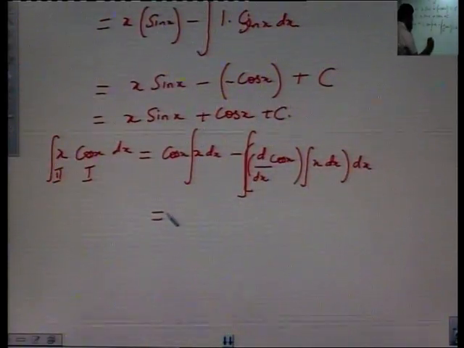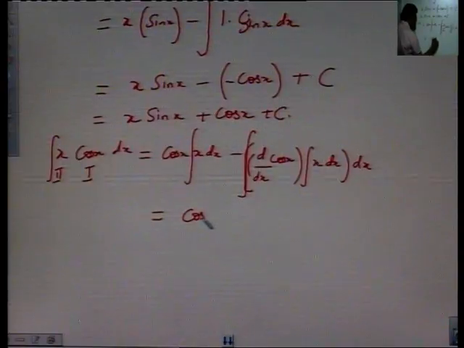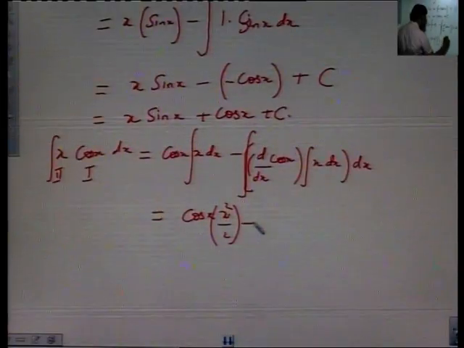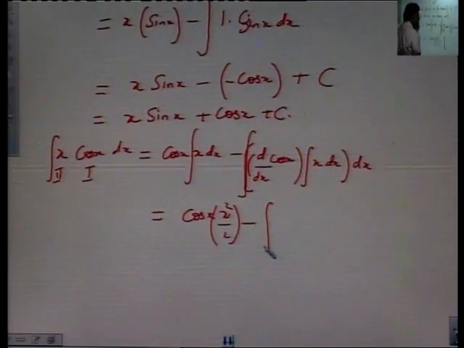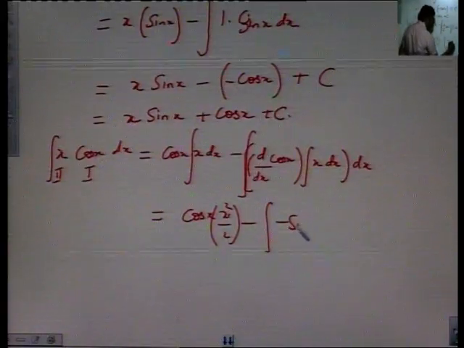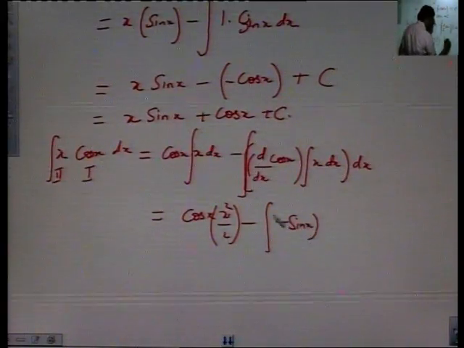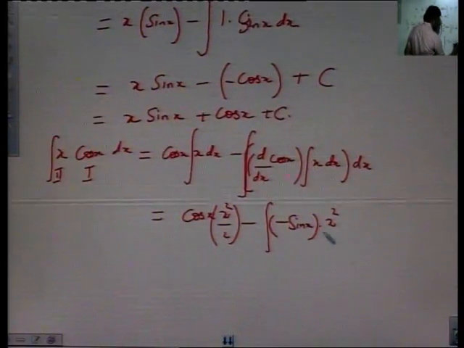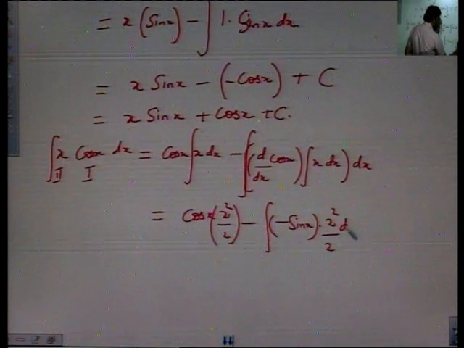This becomes cos x into x square upon 2 minus, what is derivative of cos x? Derivative of cos x is minus sin x, into integration of x, which is x square upon 2 dx.